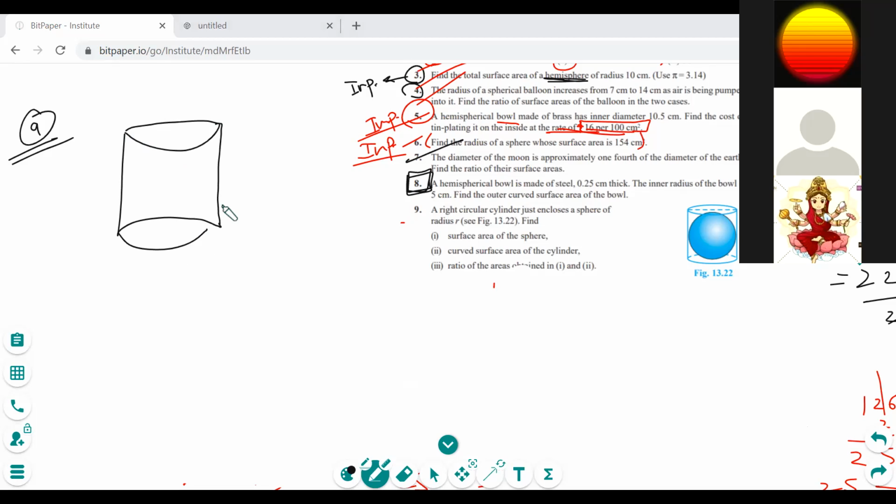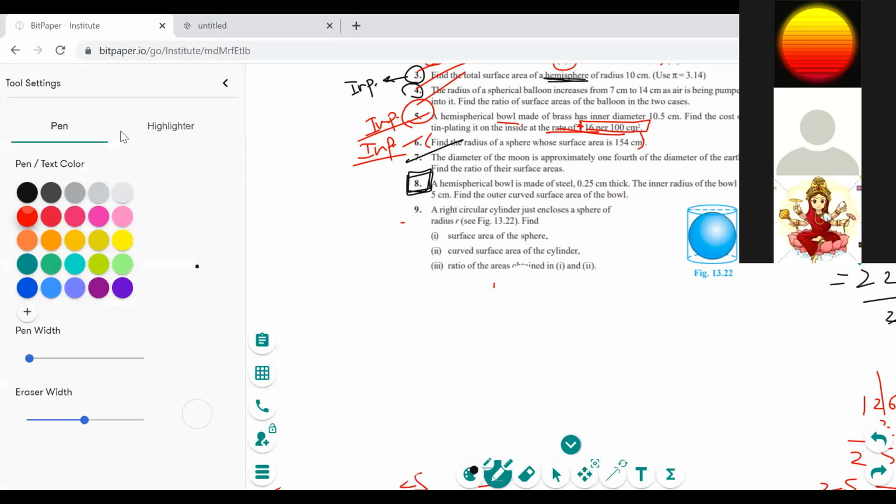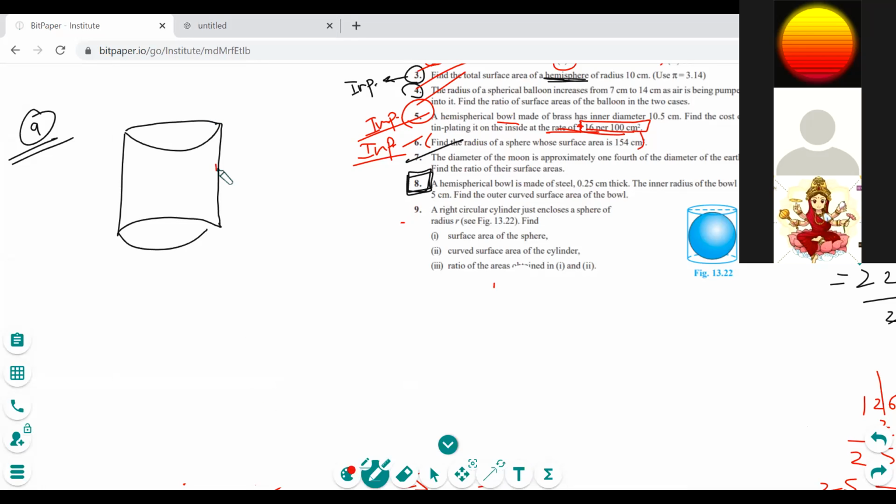This is something like this, and it is fitting correctly. It's absolutely fitting inside. It's not tilted, it's my diagram only. It just encloses a sphere of radius r. So the radius of the sphere is r. Find the surface area of the sphere.